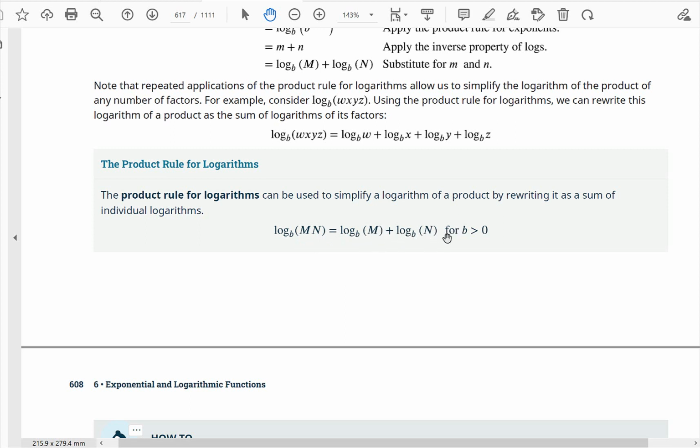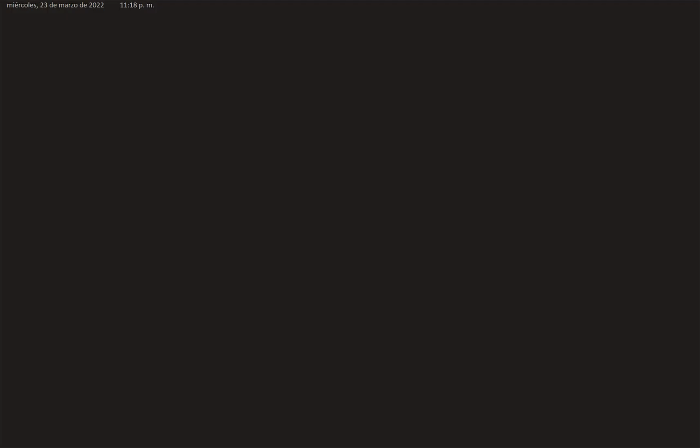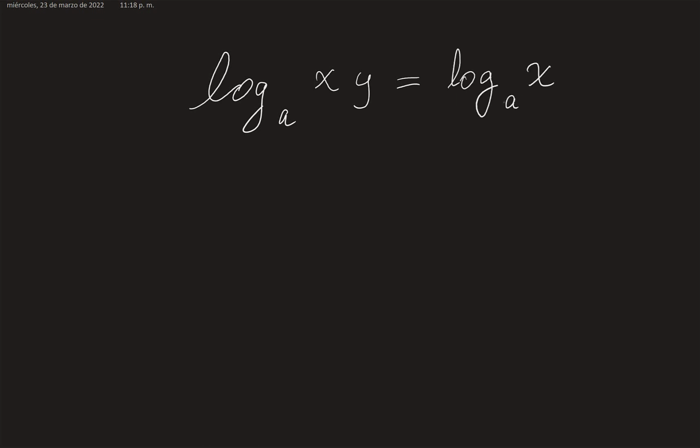Let's see how to use the product rule. The product rule says that log, in any base, of a product xy is log of x in that base plus log of y.